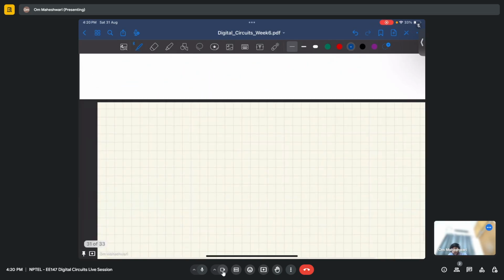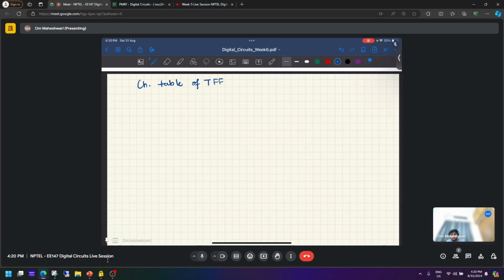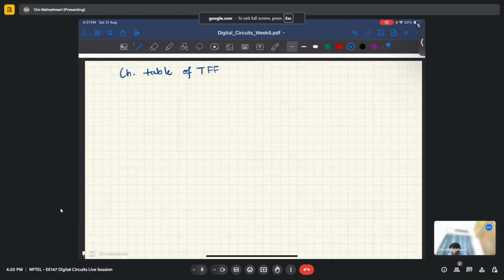So start this. What is the characteristic table of T flip-flop? In the characteristic table, what we have? T, Qn, Qn plus 1.